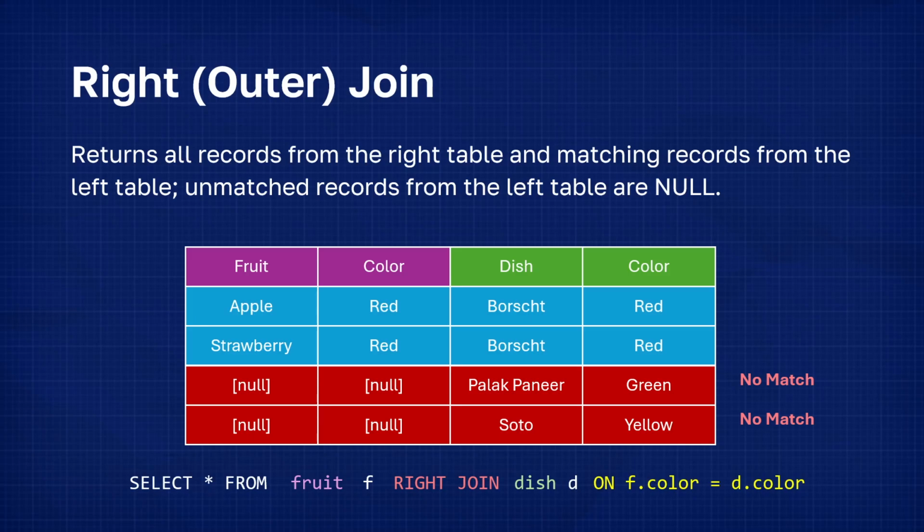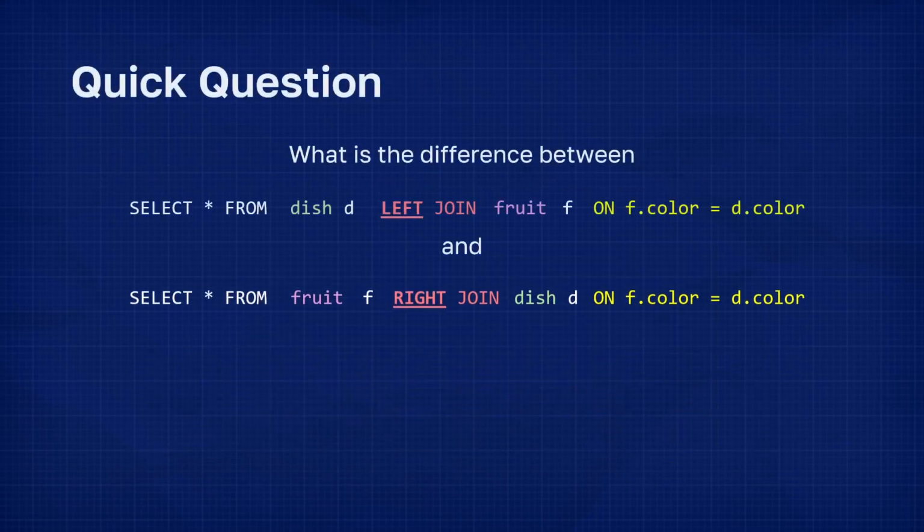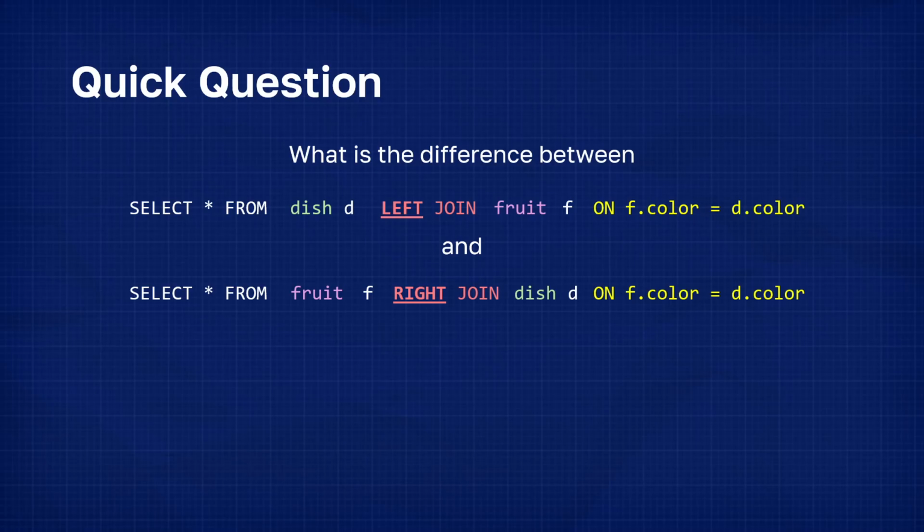That's the main difference. So now the question is, what is the difference if I do dish left join fruit versus fruit right join dish? Who says they are the same? Dish left join fruit, fruit right join dish. One, two, three, four. Okay, more hands.